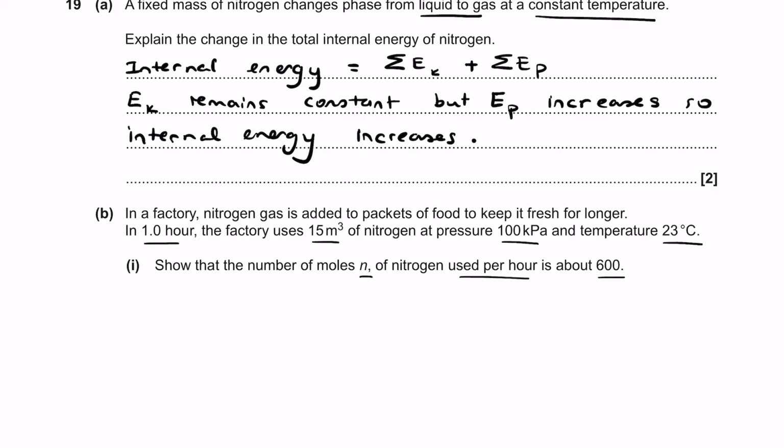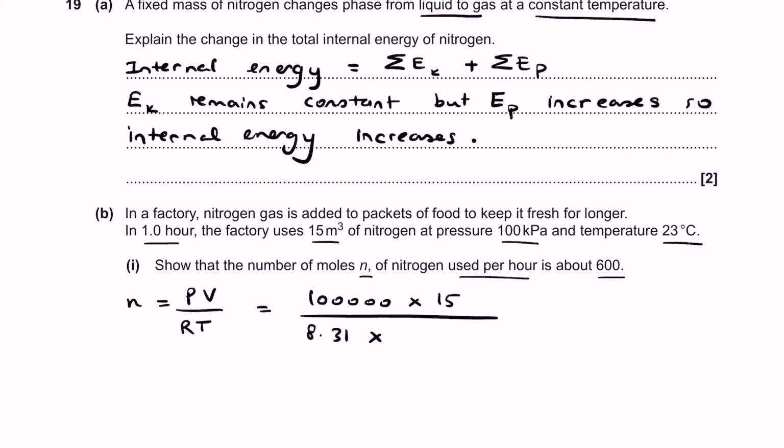So we know our ideal gas equation, which is n equals PV over RT, and we're given everything here: pressure as 100,000 pascals, volume in meters cubed, which is nice and easy, divided by the gas constant R, 8.31, times the temperature, which is 23 degrees Celsius.